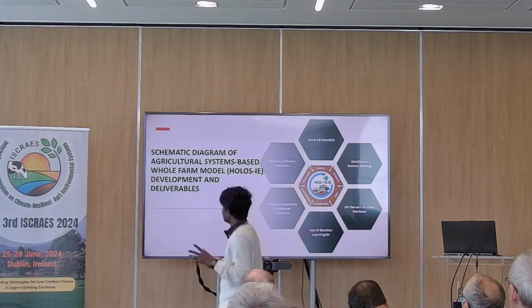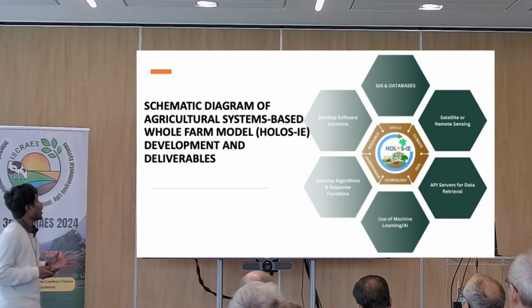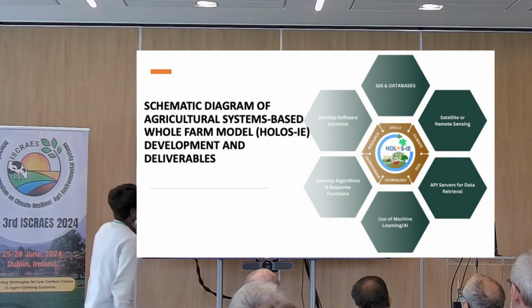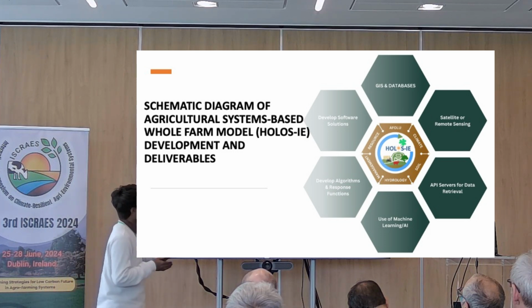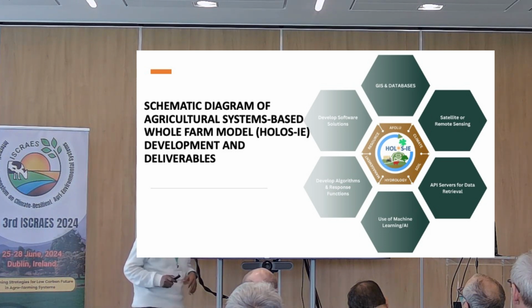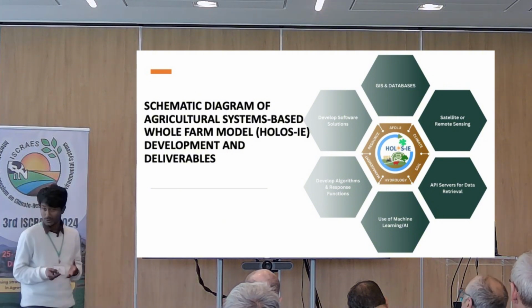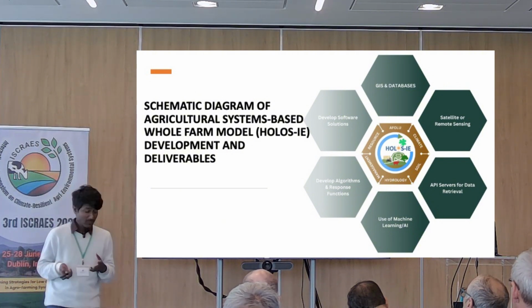So this is our diagram for HOLOS-IE, a whole-farm-based model. We want to talk about sustainable farming, climate change, and environmental pollution, and also inform policy and decision making.